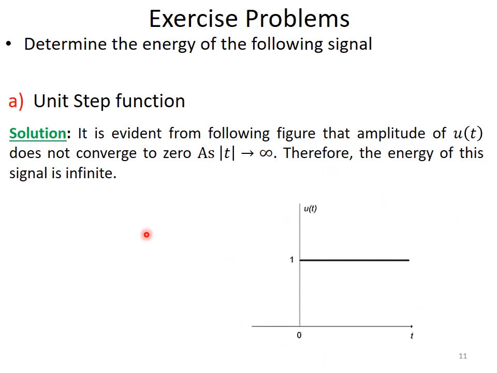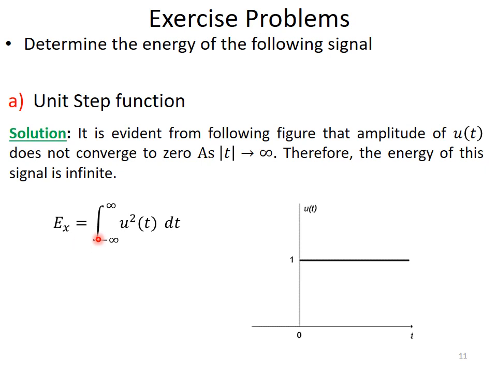This is the graphical representation of the unit step function, and you know that the amplitude of the unit step function does not decrease when time reaches infinity. It means we cannot compute the energy of this signal, and if you compute it, you may find it infinity, right?